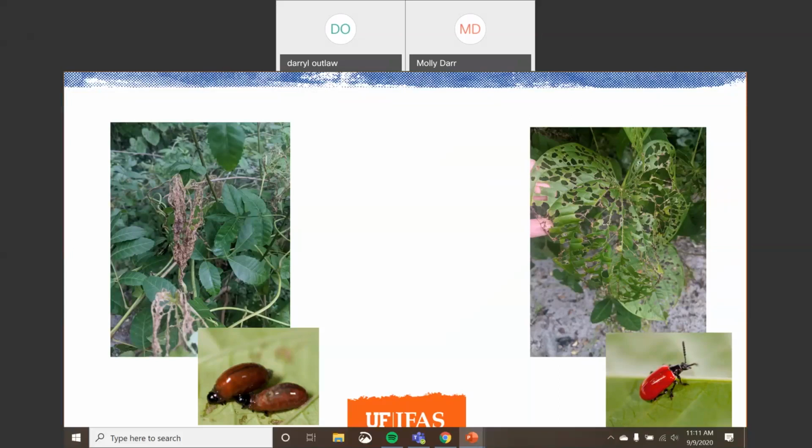Yes, again. Okay, I'm looking at the release program in Florida slide. Okay, there it is. So soon. Okay, yeah, here it is.